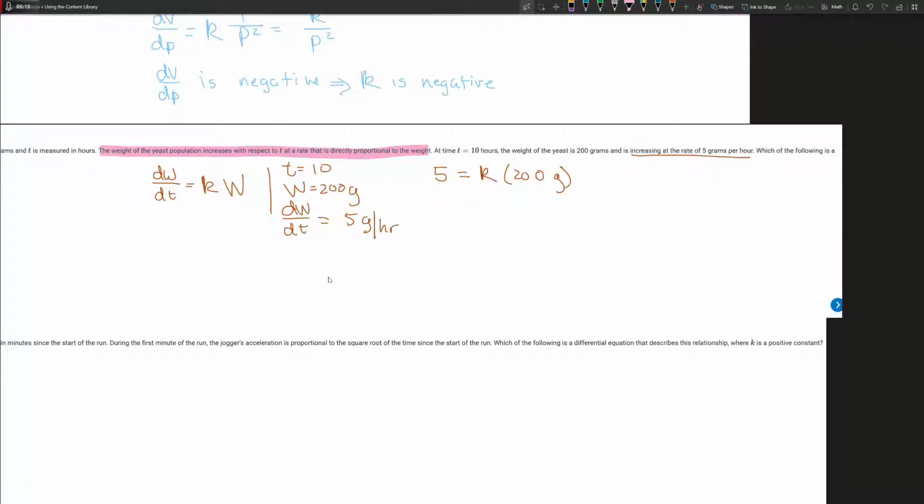Oh, I forgot to put the units here. So we have 5 grams per hour.